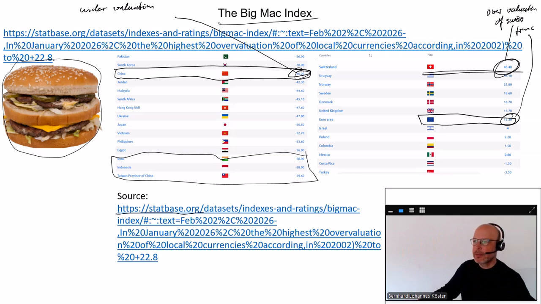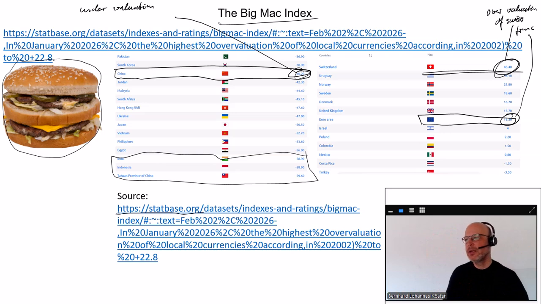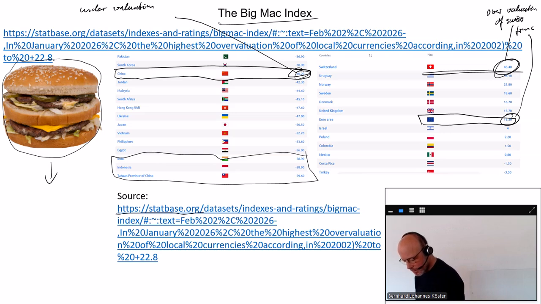So then maybe have a look for your country, and you can compare the IMF data you find for purchasing power parity and the Big Mac index data. So also look up the Big Mac index for your country.